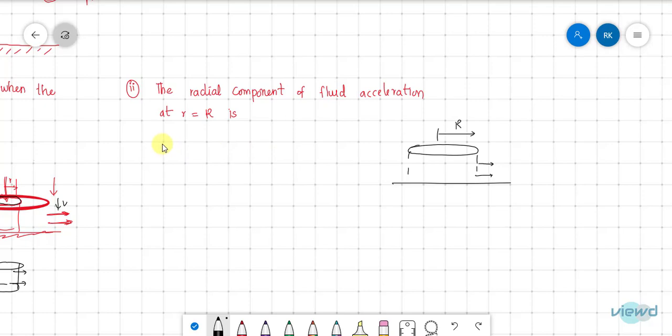Also, the radial component has been asked. So acceleration is equal to, we don't know whether the velocity is changing with respect to time or not, so do not consider it. So dou v by dou t plus v into dou v by dou r.